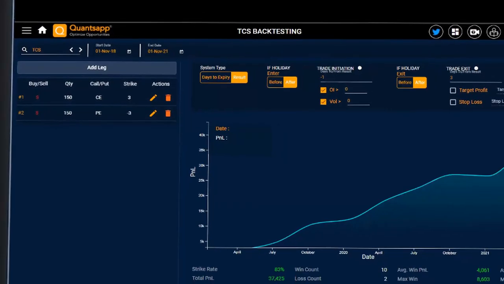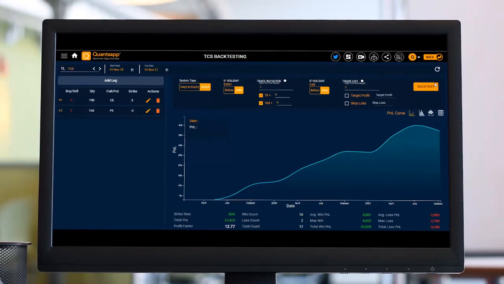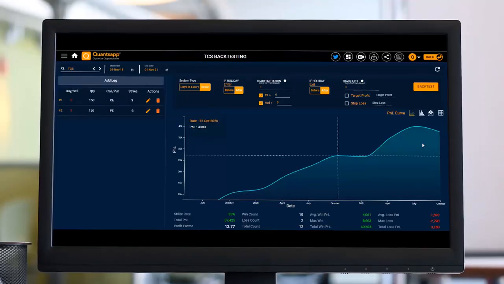How TCS's short strangle would have been performing if we took an entry, and the prices as I said would be end of the day, 1 day before the result and we exit our trade 3 days after the results are announced.